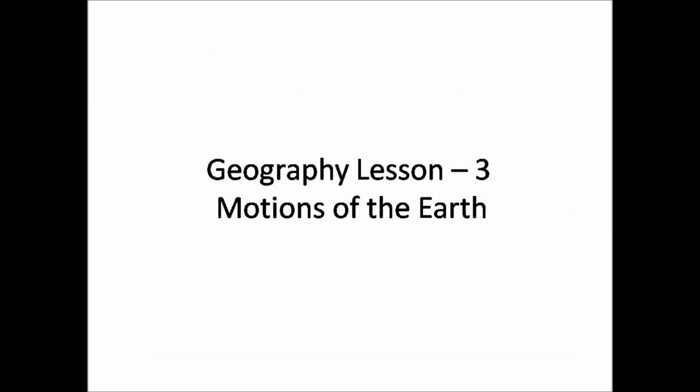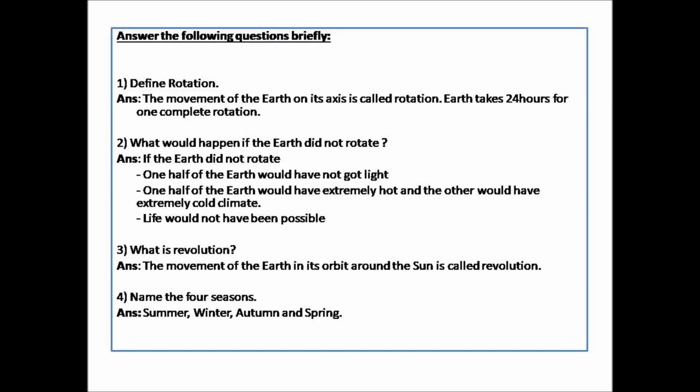And next is Geography Lesson 3, Motions of the Earth. In this lesson, we studied about the rotation of the Earth, revolution of the Earth and also the seasons. Coming to the book back exercises, learn all the 1 marks, that is the choose the correct answer, fill up and true or false. Coming to the 2-mark question.